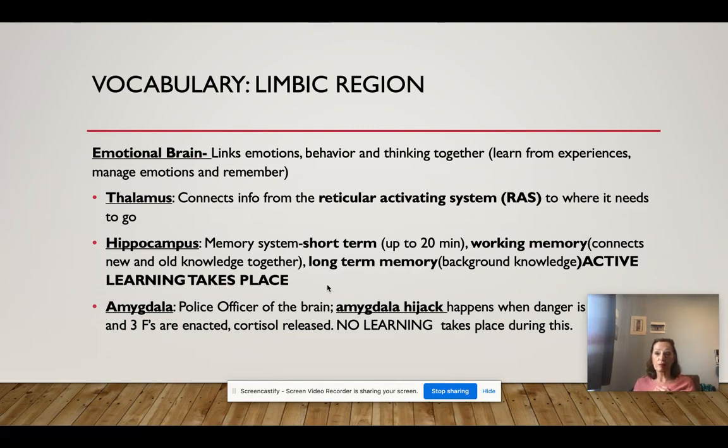Remember those. We've talked about those in other trainings. So if that happens, then cortisol is released. Cortisol is a stress hormone, a stress chemical. So no learning will take place during this because there's a heightened state and information cannot get to the hippocampus. It's stuck with the amygdala, and adrenaline and cortisol are released.